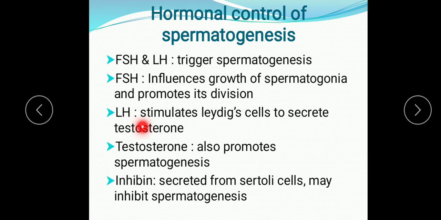Then LH, luteinizing hormone, stimulates the Leydig cells to secrete testosterone, and of course testosterone also promotes spermatogenesis. And one more hormone, inhibin, secreted by the Sertoli cells, may inhibit the secretion of testosterone and inhibit the process of spermatogenesis by a feedback mechanism.